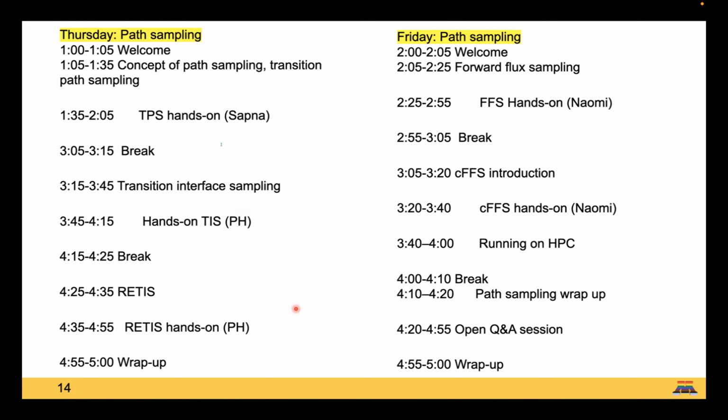And so then you say, okay, I'm going to start with my basin, and you can run a basin simulation to see what the distribution of the cluster size would be. Based on that, you can decide the boundary of A, and then you can keep moving forward. So if my basin is at a cluster size of 10, my next interface can be 20, 30, 40, 50, and so on.